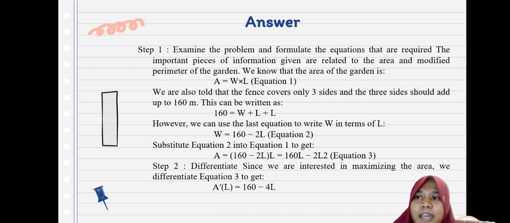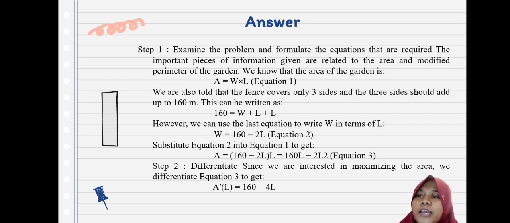This can be written as 160 equals W plus L plus L. However, we can use this equation to write width in terms of length. Width equals 160 minus 2 length, equation 2.